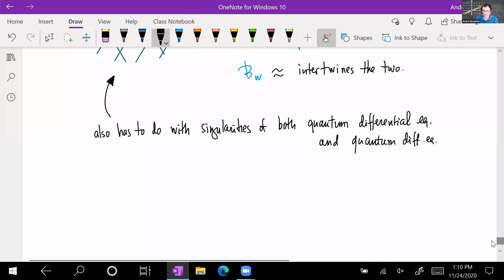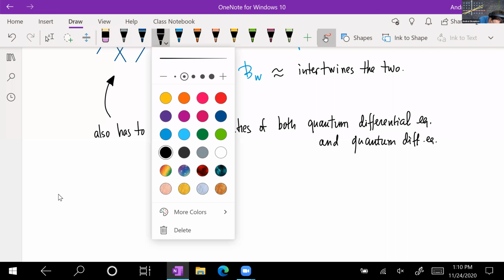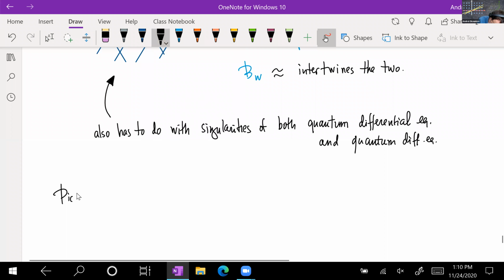So for instance, if I take X to be, for instance, the Hilbert scheme of points, and these are the singularities, z to the power b equals 1.